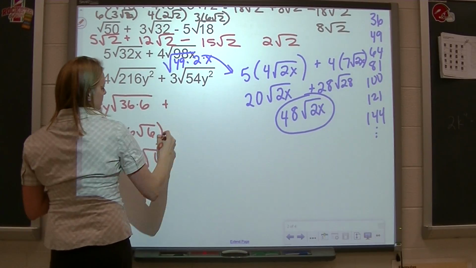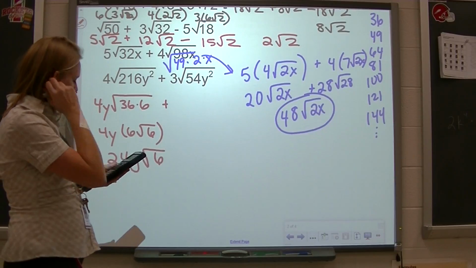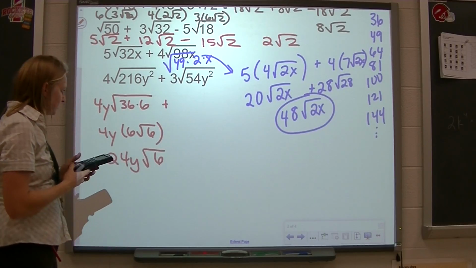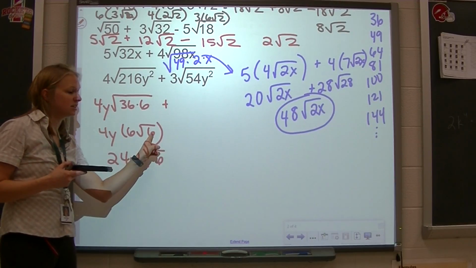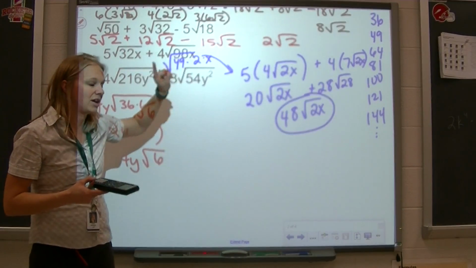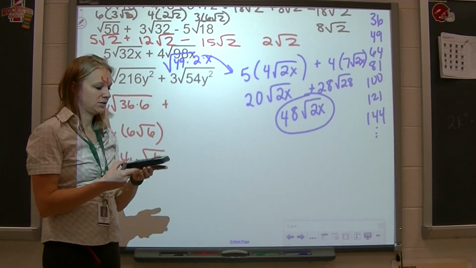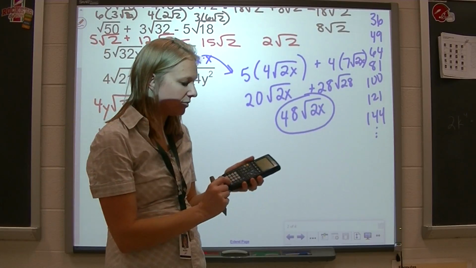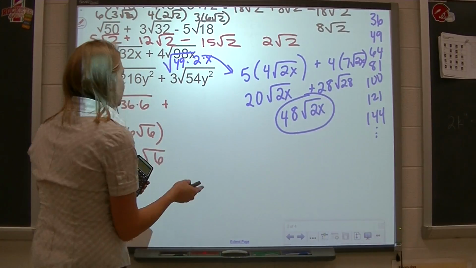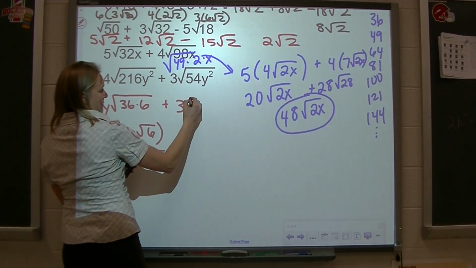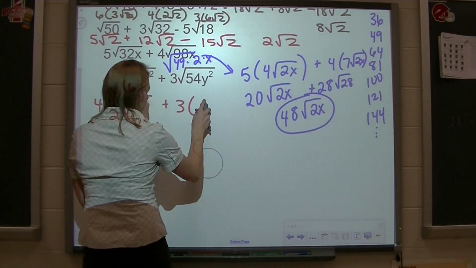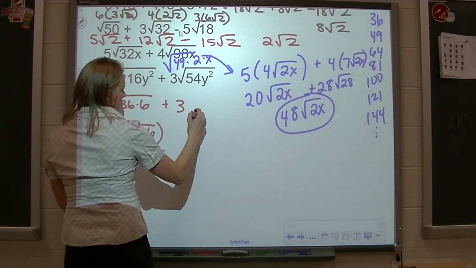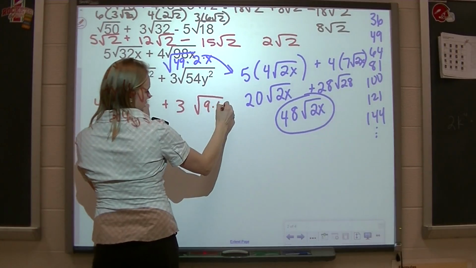Okay, plus, well, 54. I'll give you a hint. Since my number under the radical here is 6, I know that the number under the radical here needs to be 6 as well. So in my calculator, I'm just going to do 54 divided by 6, which is 9. So 9 must be the perfect square that goes into this. So I bring the 3 down, and then it's going to be the square root of 9 times 6.